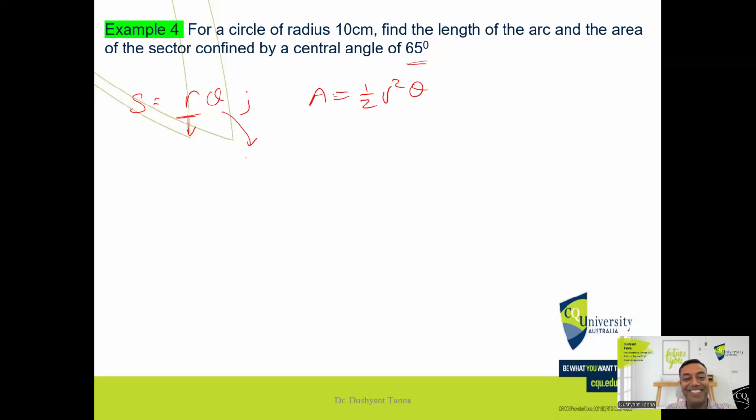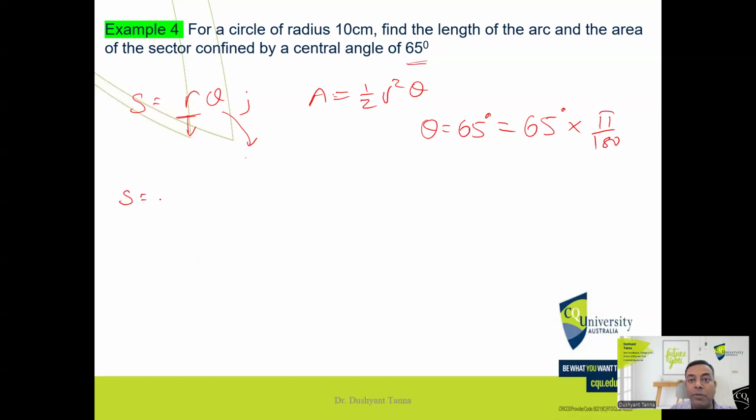Okay. Right. So first things first, convert our theta of 65 degrees. How do we convert it? 0.017. Yeah, just convert it. If you don't know this number, you can also say pi over 180, and then simplify it.